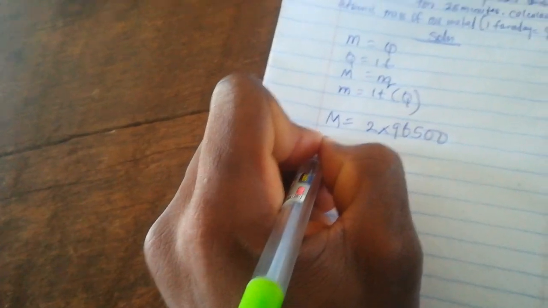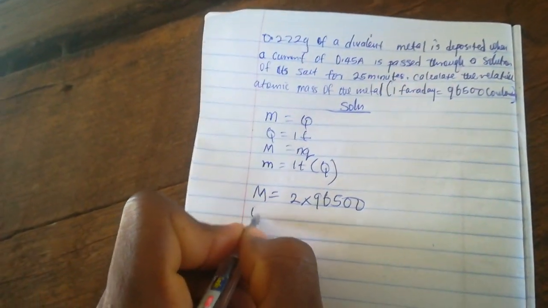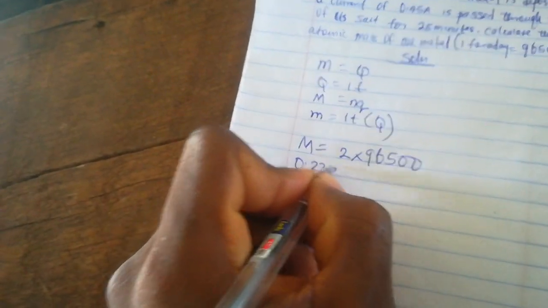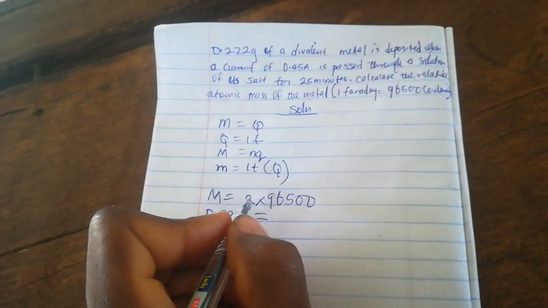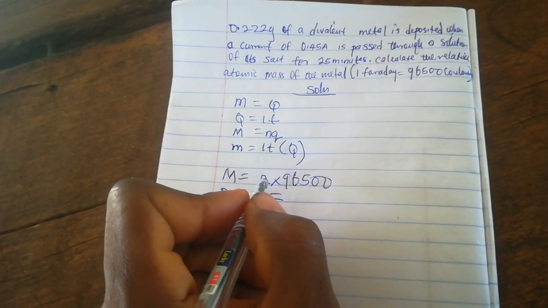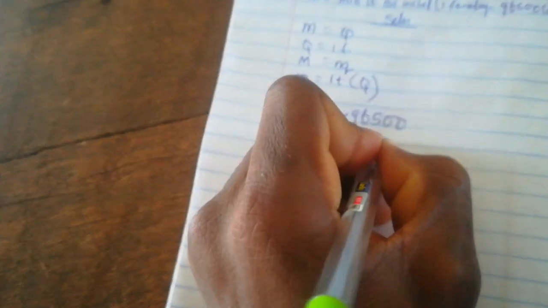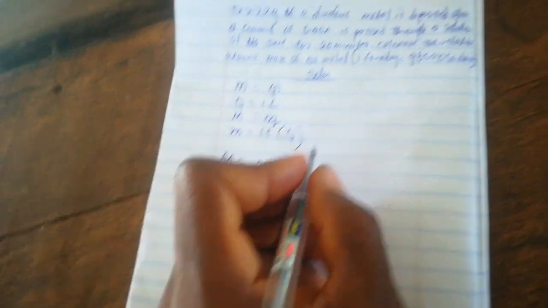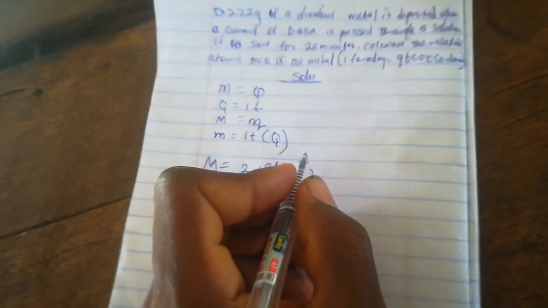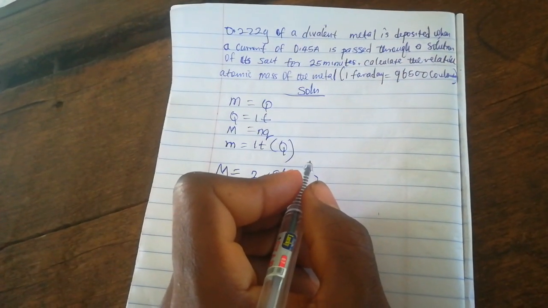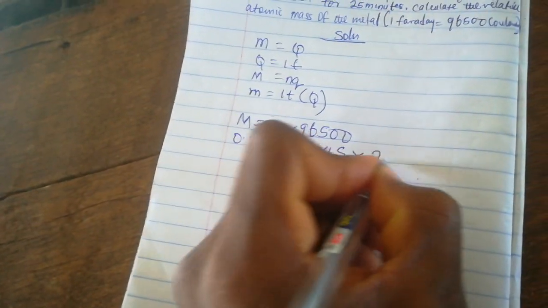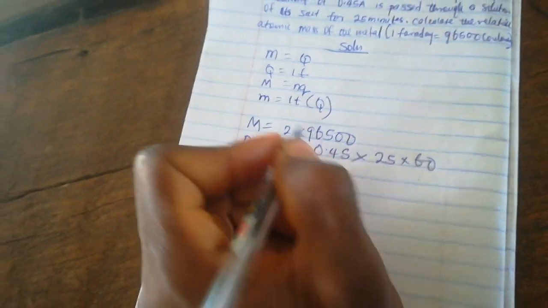Then small m, the mass, is 0.222 grams, equals current I, which is 0.445, times time, 25 minutes. We convert the time to seconds, that is 25 times 60.